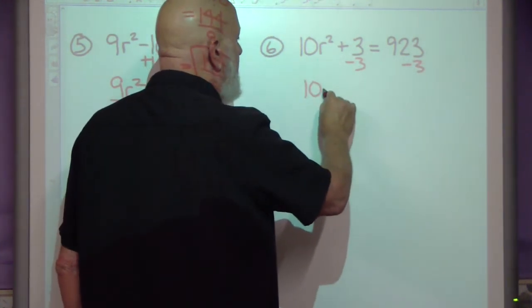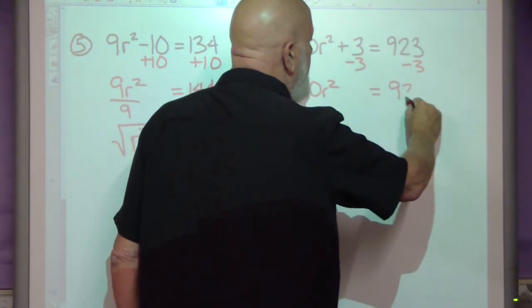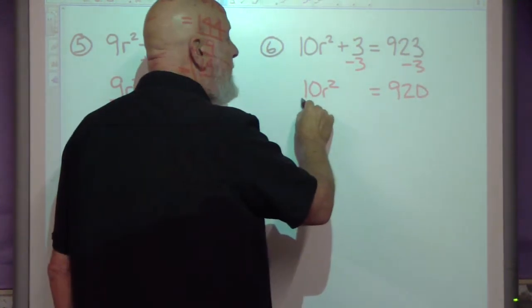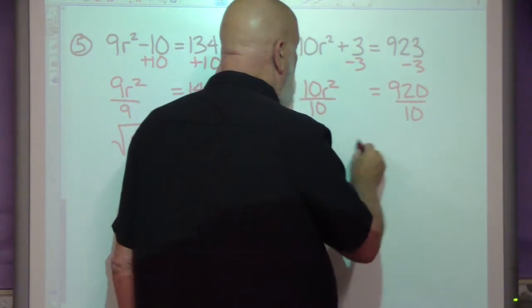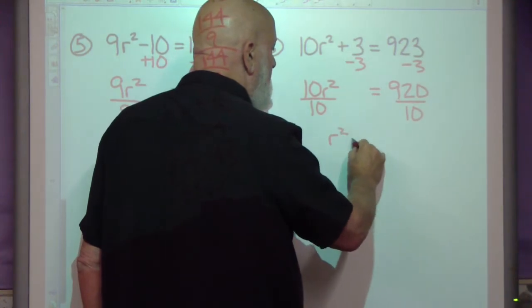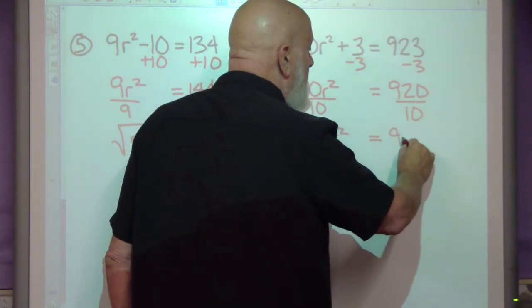10r squared is equal to 920. Dividing both sides by 10, r squared is equal to 92.